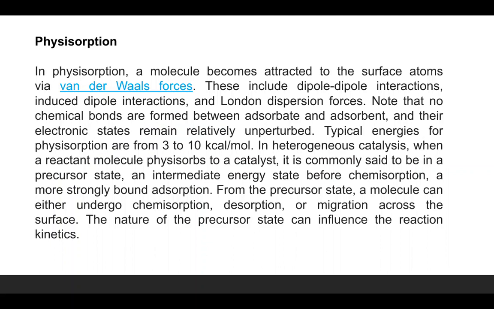So this is before the chemisorbed state, a more strongly bound adsorption. From the precursor state, a molecule can either undergo chemisorption, desorption, or migration across the surface. The nature of the precursor state can influence the reaction kinetics.